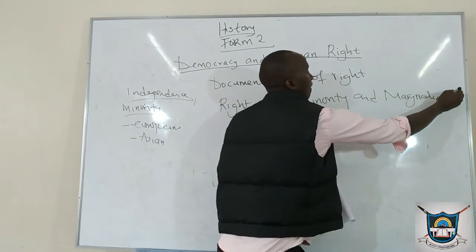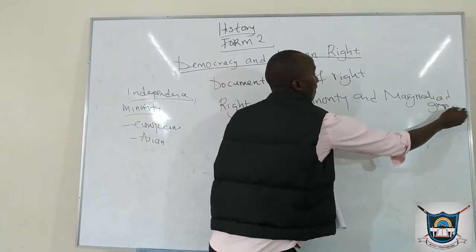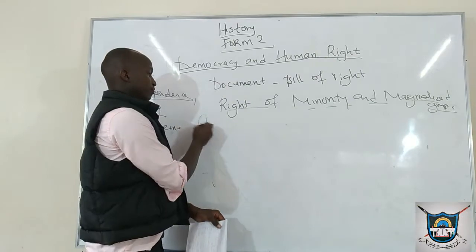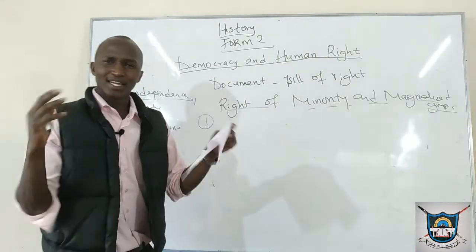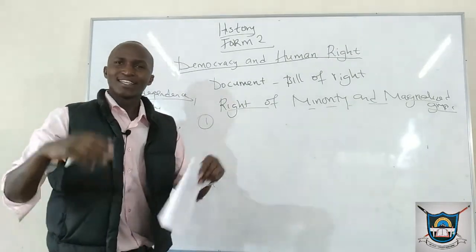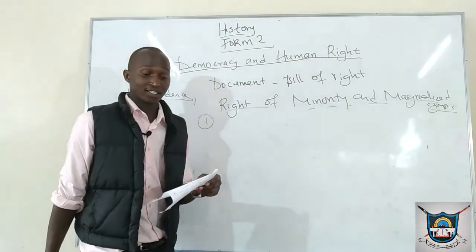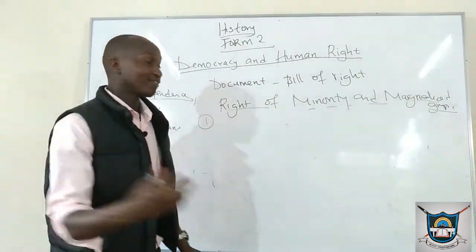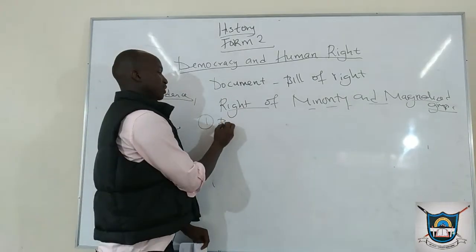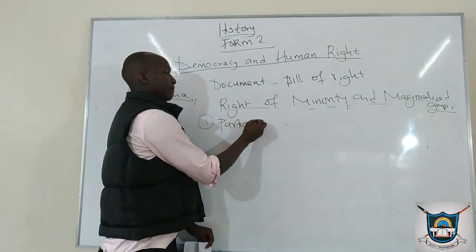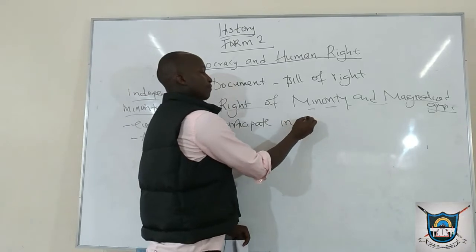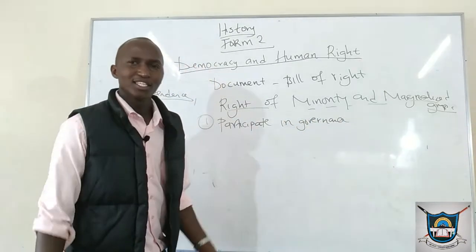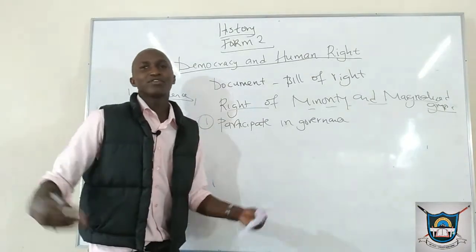They have the first right. If you are a minority, if you are aged, if you are disabled, you have the following rights. The first right is that you should participate in governance. In case you want to become an MCA, you can vie for the seat.